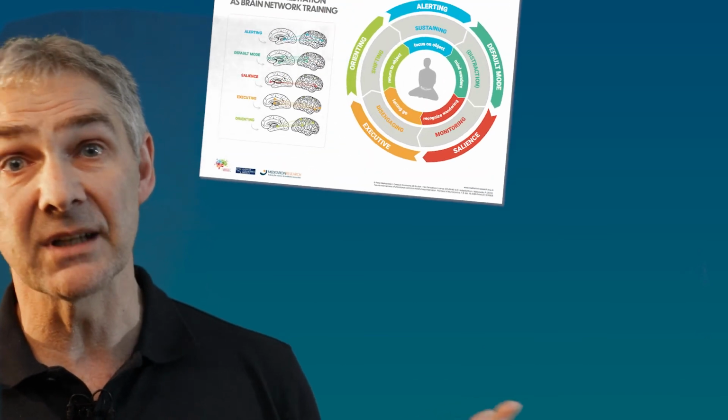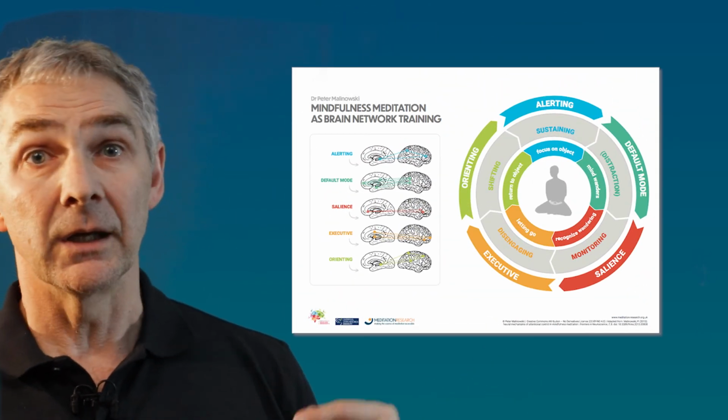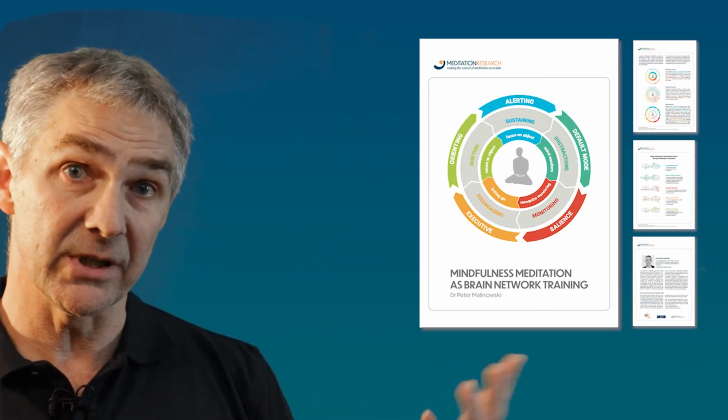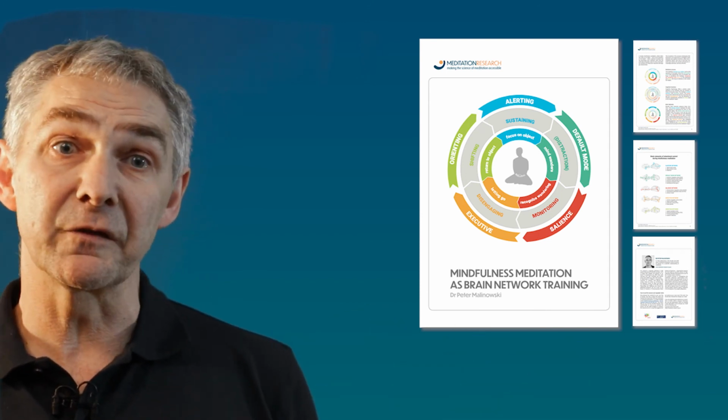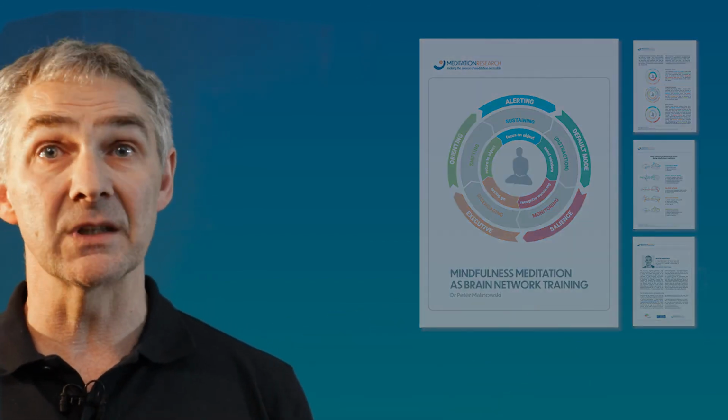I put all this together into what I would call an explainer pack that everyone can download for free. It consists of a poster, for printing out in different sizes. It also consists of a 4-page document that explains briefly what I have now explained in a bit more detail. And everyone is free to download it and to use it.